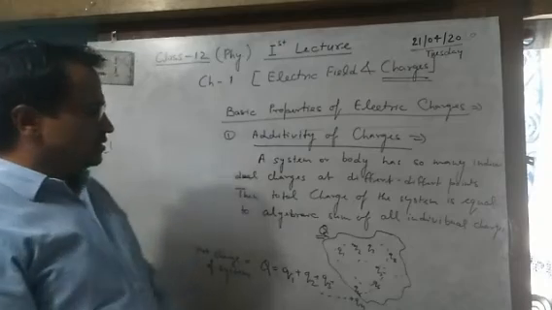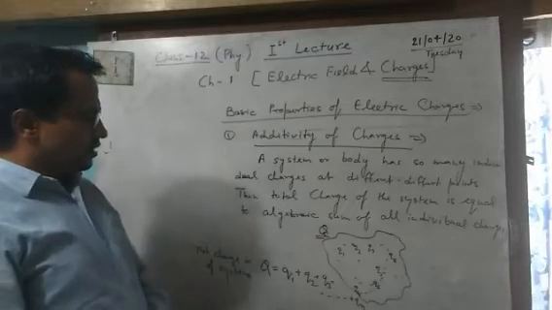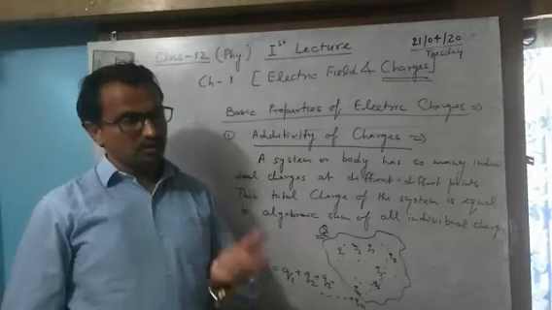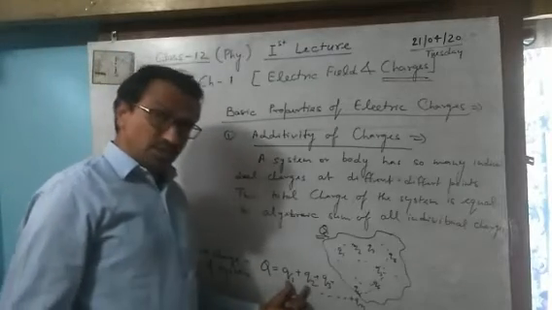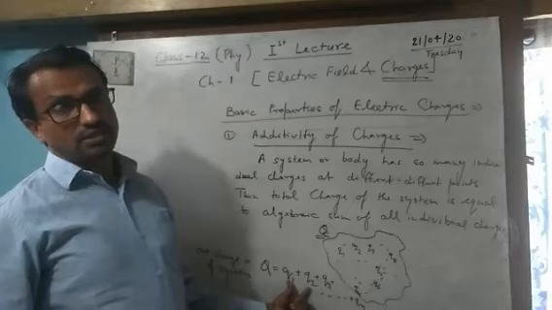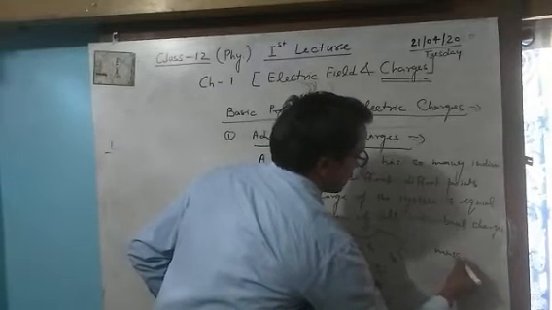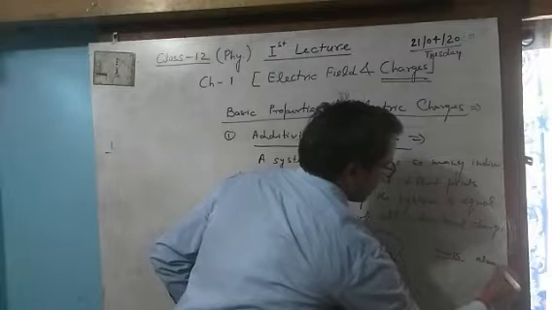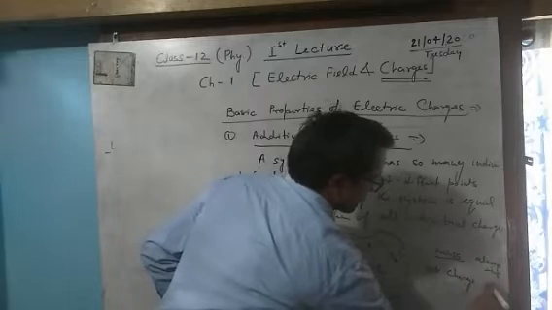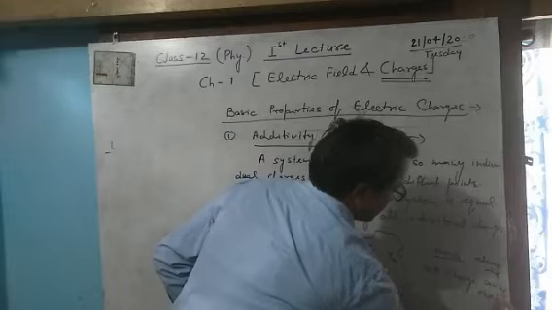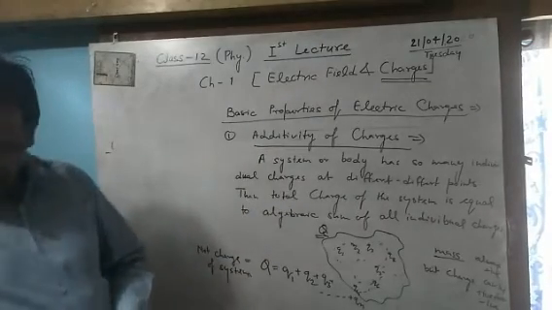So like mass, charge has magnitude, no direction, but mass is always positive, but charge can be positive or negative.